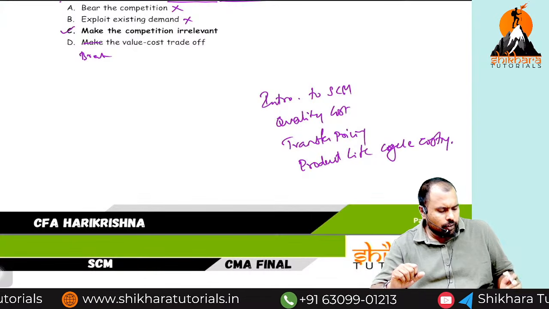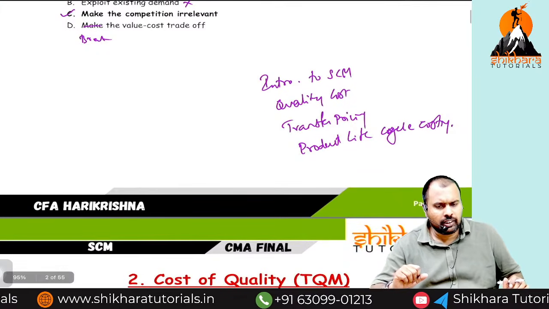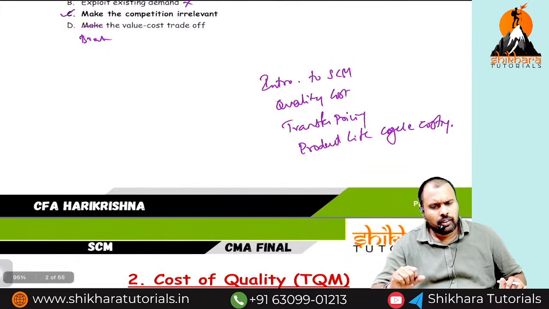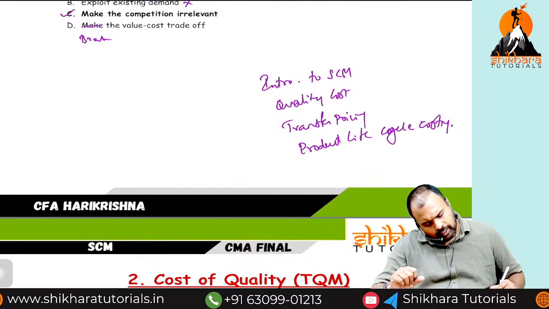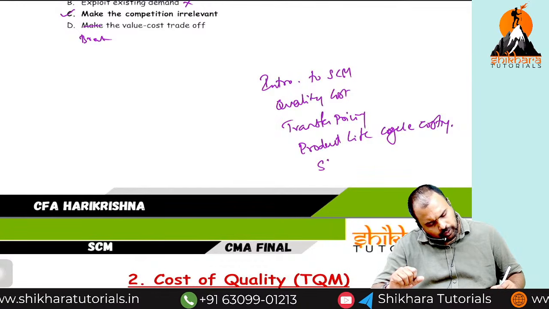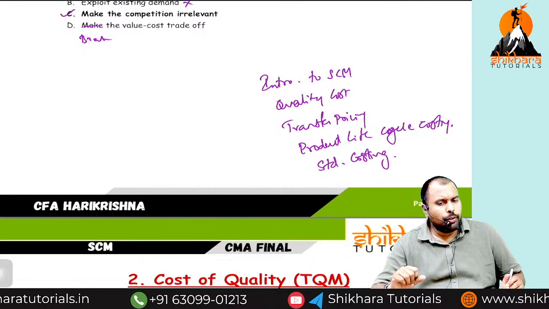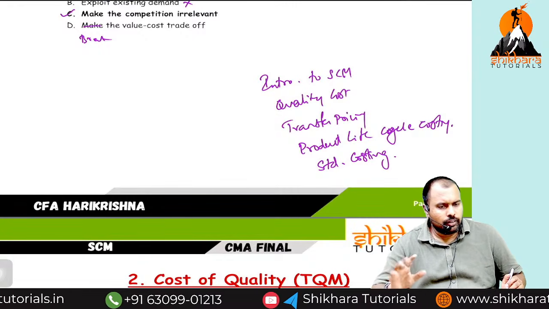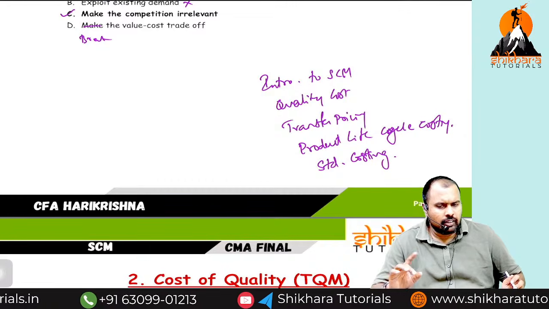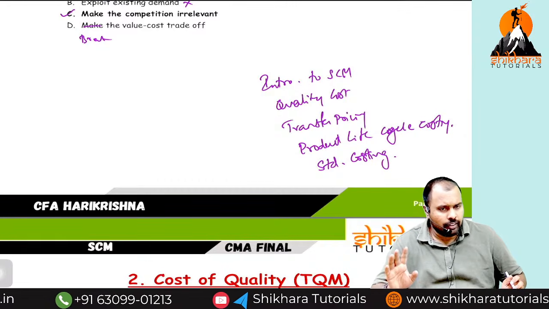For asset life cycle costing they have not given any MCQs in your study material or past examinations also, so we have not given that, as well as standard costing. These things we have given, and uniform costing is removed from your new syllabus, sir. I think they won't ask you any questions from uniform costing, so we can leave it.